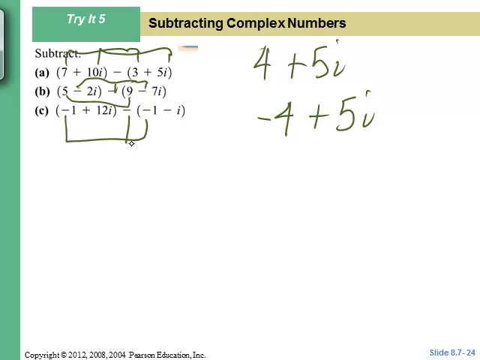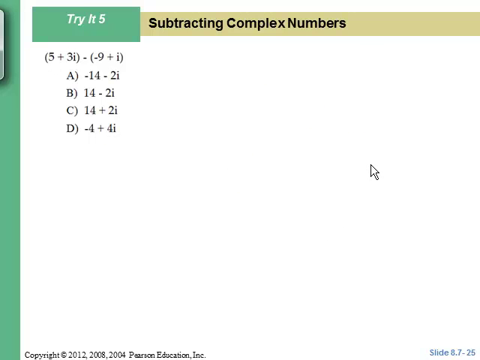Negative 1 minus negative 1, which is the same as plus 1, is 0. 12 minus negative 1 is the same as plus 1. So that's 13i. 5 minus negative is the same as plus, so that's 14. 3 minus 1 is 2. 14 plus 2i.